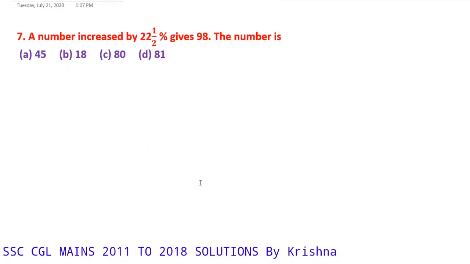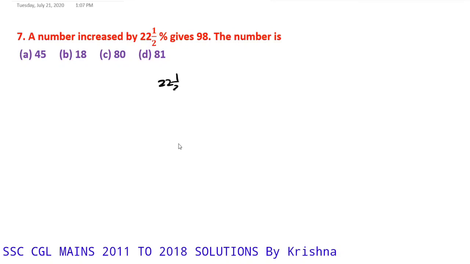A number increased by 22.5% gives 98. Then the number is. Here 22.5%, that is 22 1 by 2.